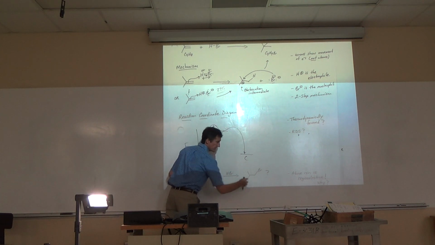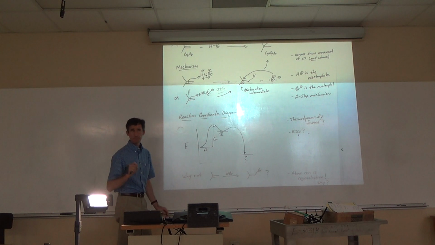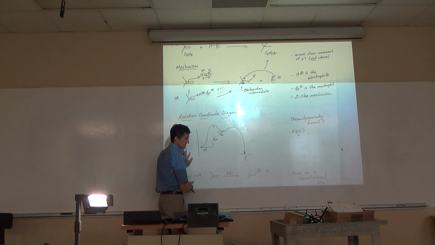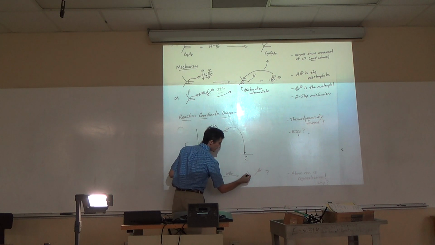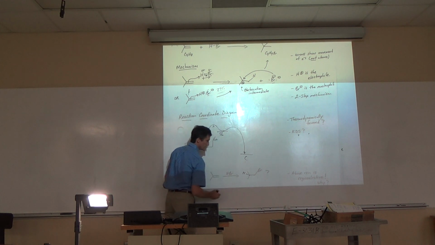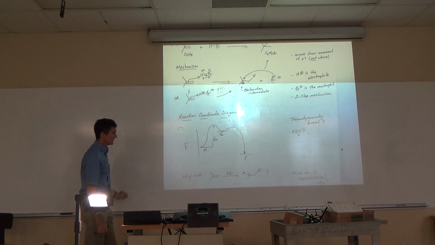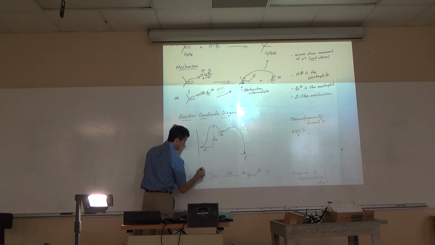Where's the new H at? You've got to keep track of your H's. Where's the new H at here? New H is here, yeah? There's no H here. So there's your HBr. That would require that the electrons come this way.